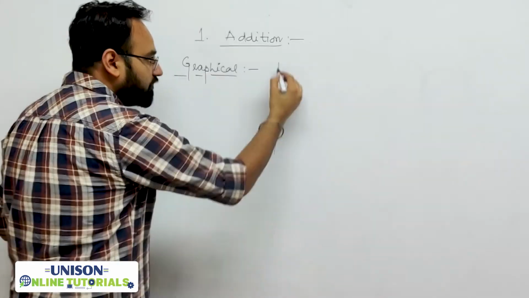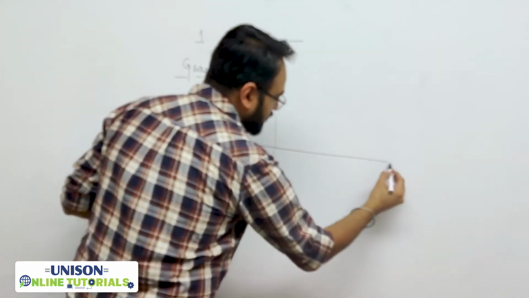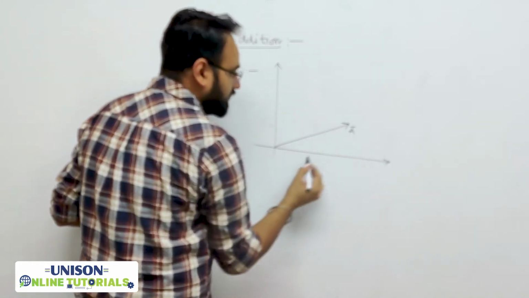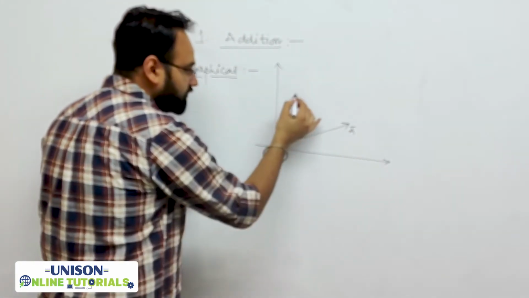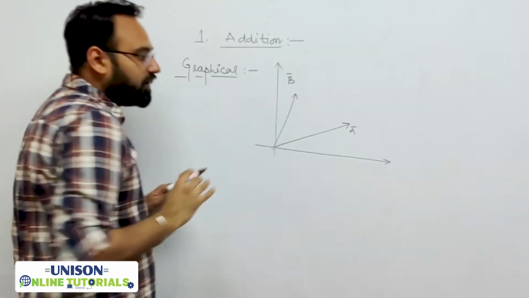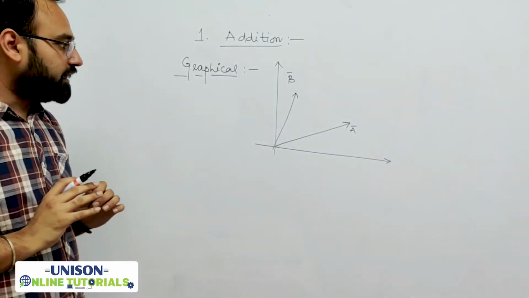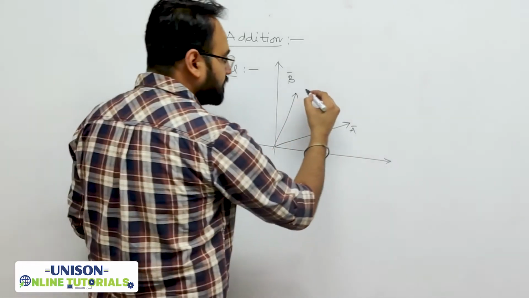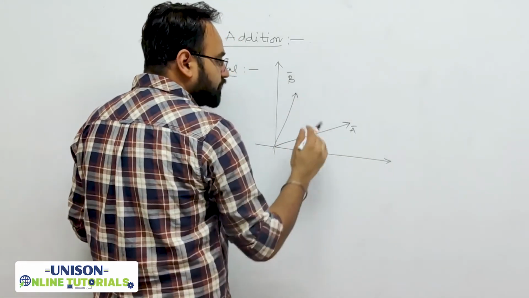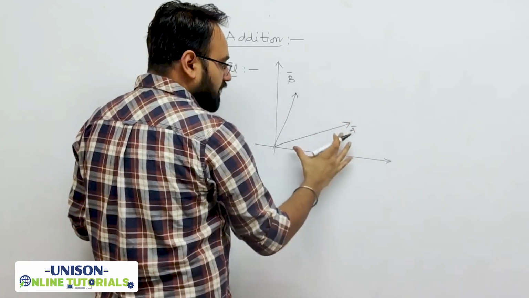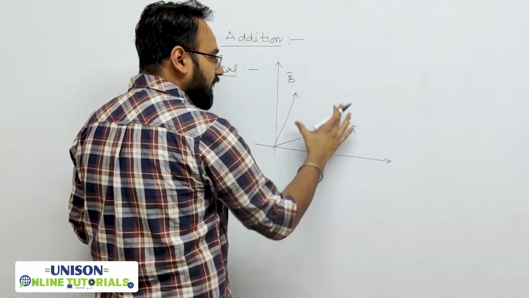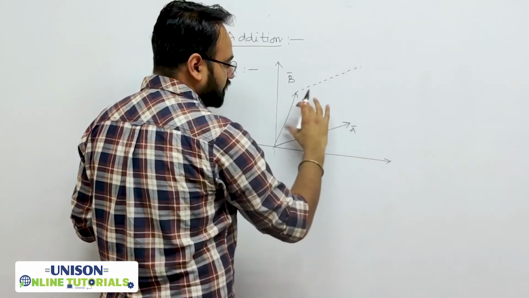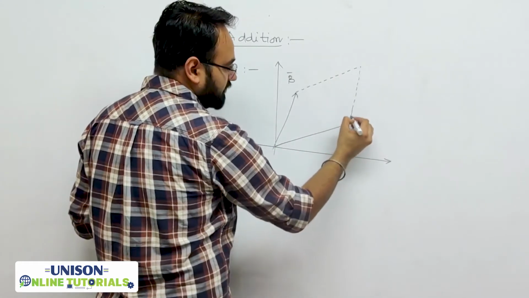And the graphical method of vector addition is, say I have a vector A like this, and similarly I have a vector B which is like this. If I want to add them, then the vector sum of these two vectors will be represented by, what we have to do is complete a parallelogram. That means I have to draw a line parallel to this A vector like this, and then draw a line parallel to this B vector.